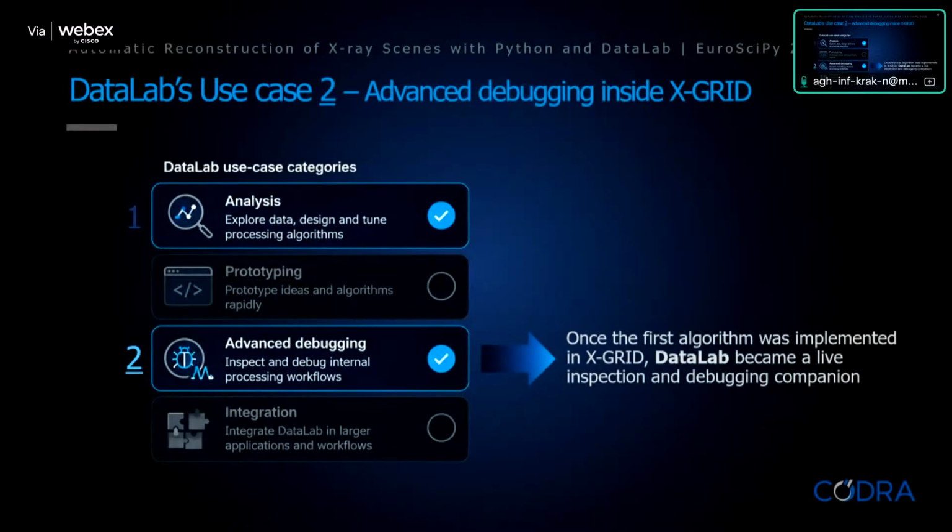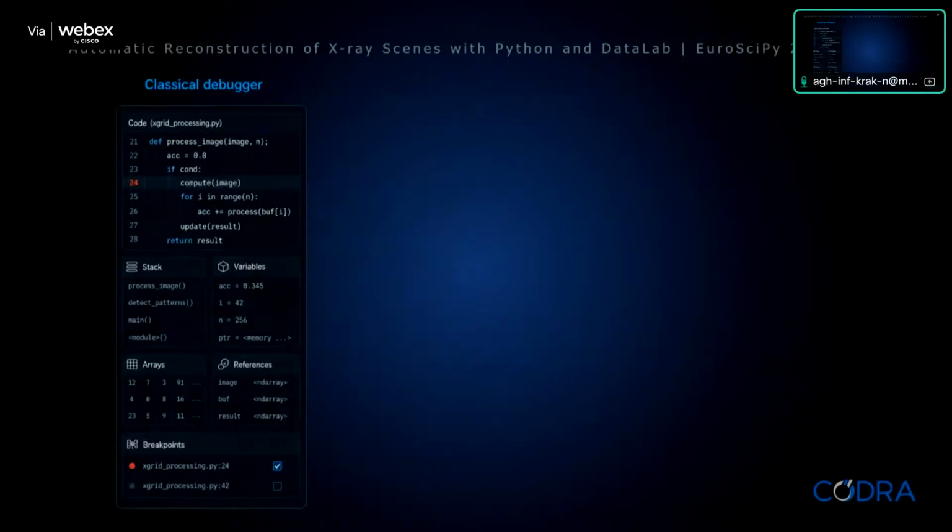So the second use case I wanted to talk to you about is advanced debugging, because now that we have implemented the first algorithm, if it's not good enough, it's not optimized, and if it's not yet automatic, we may need to use advanced debugging.